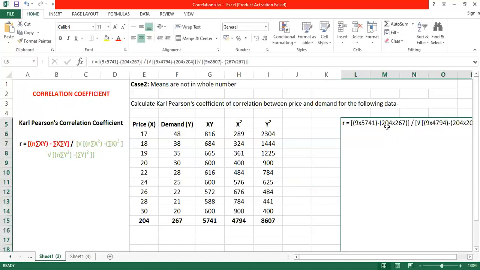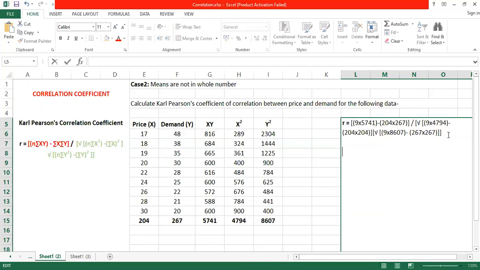So let us now try to calculate R. R equals to, see, I'm calculating one by one. In bracket, it is 9 into 5741.